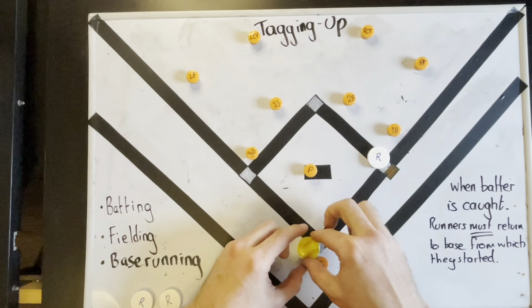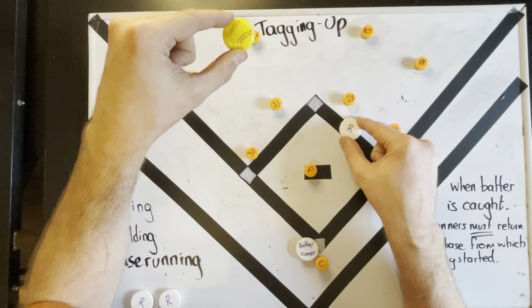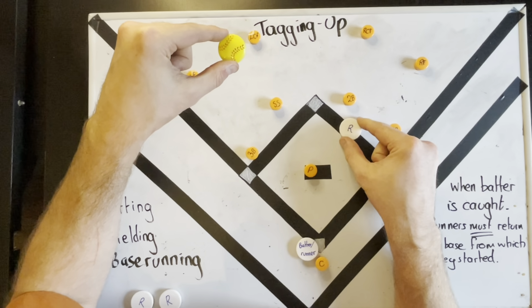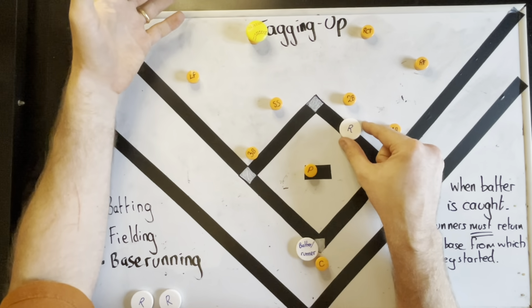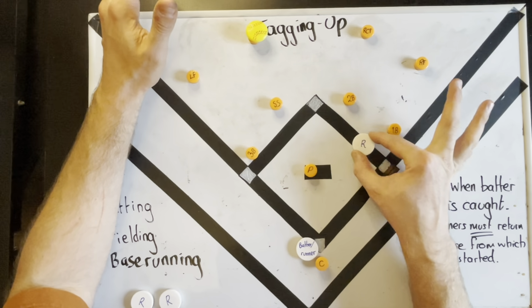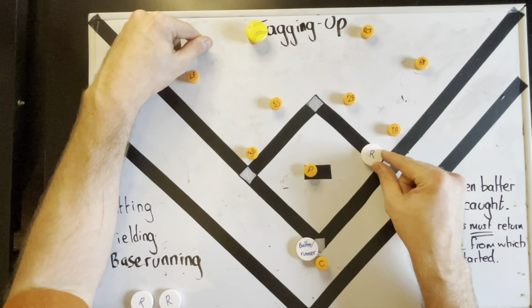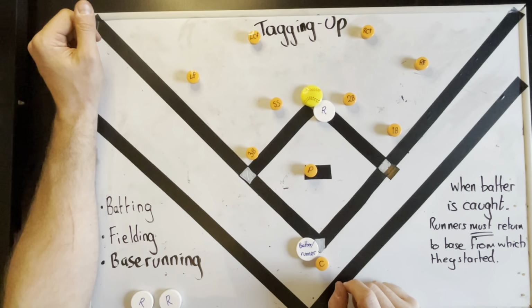So if the ball goes in the air, you can get to halfway. You could then decide, you know what, I'm going to tag up. Now, if you wait for it to be caught, there is no way that you can retreat back to first and then set off again to second before the ball comes back into the infield.